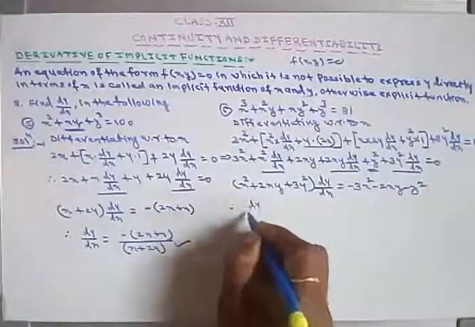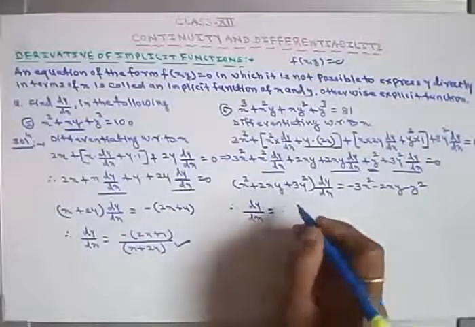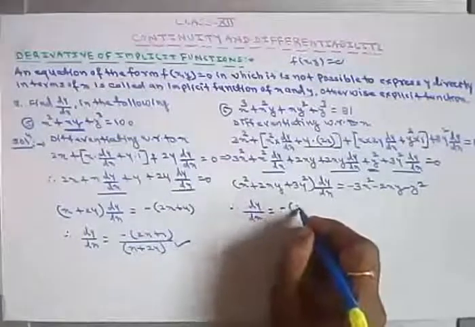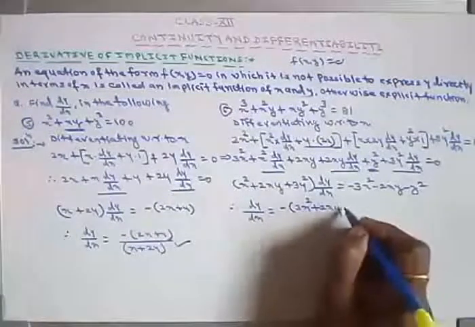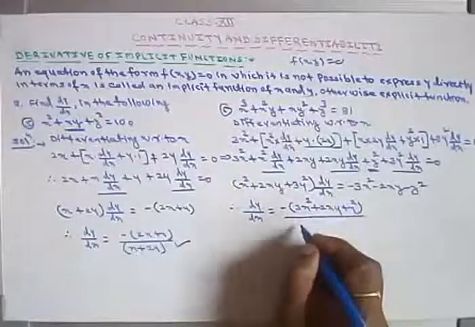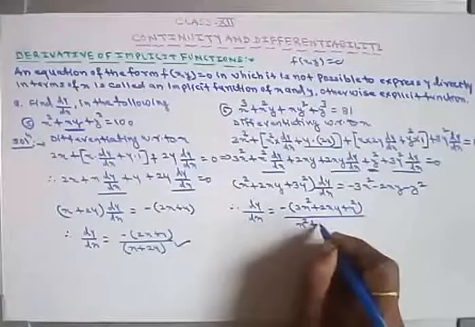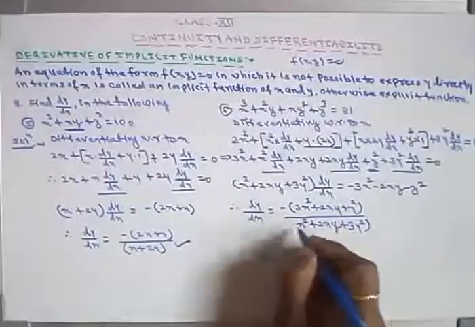Therefore dy by dx equals to, I can take minus as common, 3x square plus 2xy plus y square whole divided by x square plus 2xy plus 3y square.